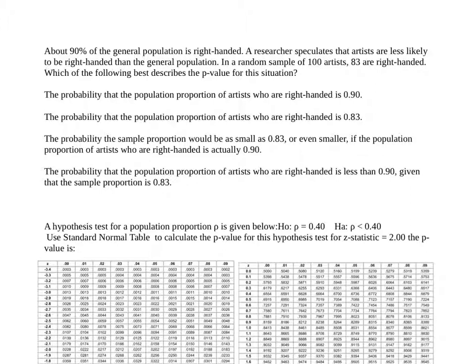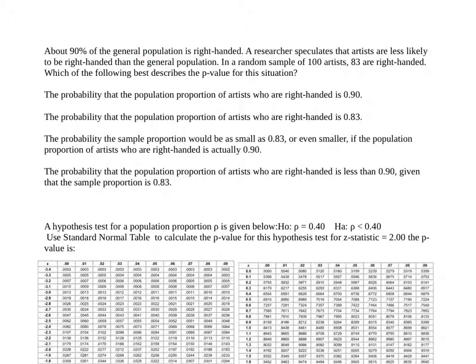So remember what I said. The p-value is the chance that we see the data that we saw, or data more extreme, if the null hypothesis is true. The null hypothesis means that nothing special is going on. In this case, the researcher is talking about artists, and he's trying to see if the artists are different from the general population.